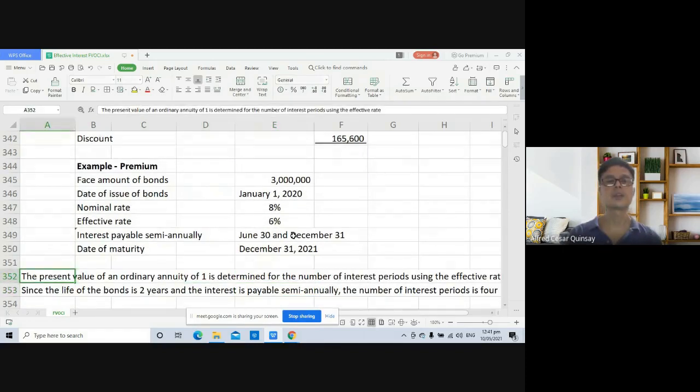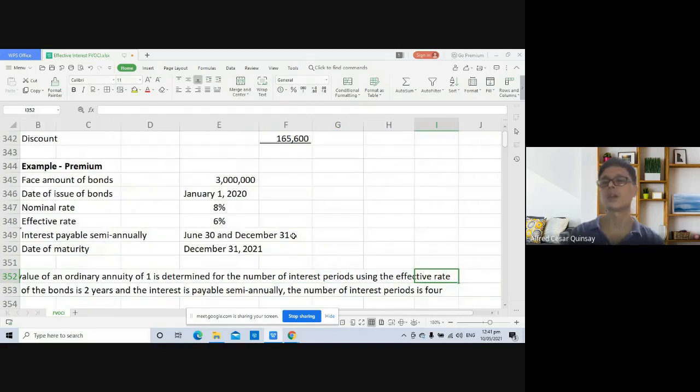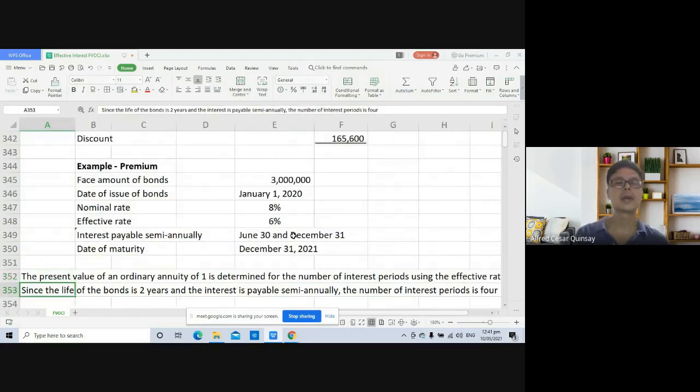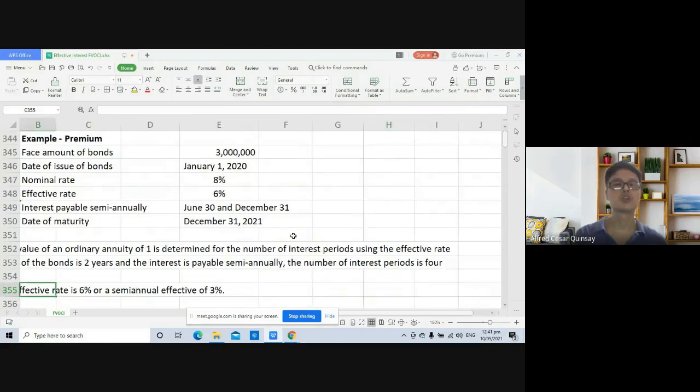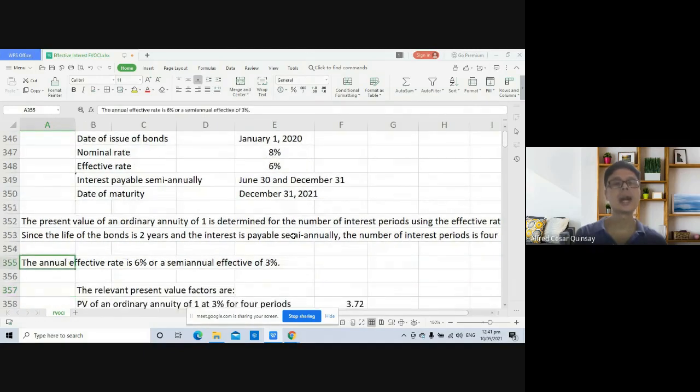So the present value of an ordinary annuity is determined for the number of interest periods using the effective rate. Since the life of the bonds is 2 years, kasi 2020 tsaka 2021, and the interest is payable semi-annually, the interest periods is 4 periods. So the annual effective rate of 6%, dinivide by 2 since semi-annual, so magiging 3% lang.